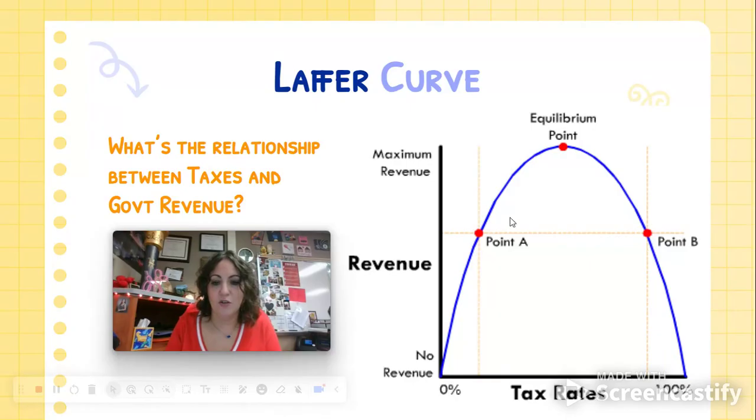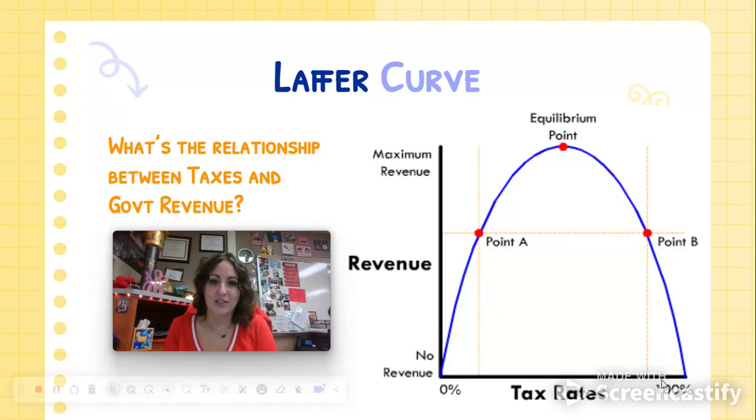And then if you follow the curve, if the government collects 100% of your income, they're also going to earn $0 in revenue. How does that even make sense? It makes sense that if the government collects 0%, they get $0. But if the government collects 100% of your paycheck, so all the money you make goes to the government, how often are you going to go to work?